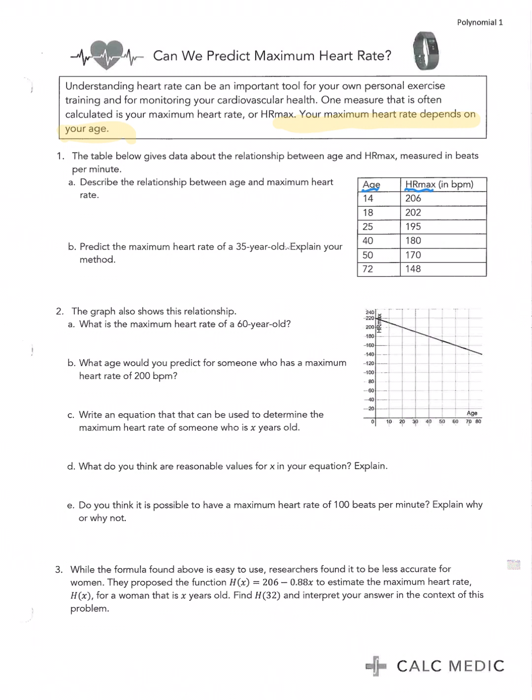All right, so how do we identify those here? The maximum heart rate depends on your age, which tells me that my heart rate here is the outcome. So this is my output, heart rate. And since it depends on my age, it is the dependent variable.